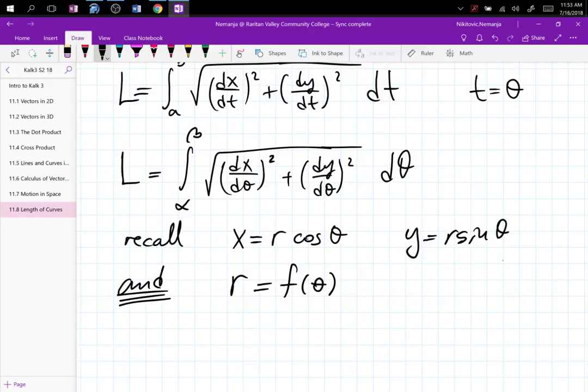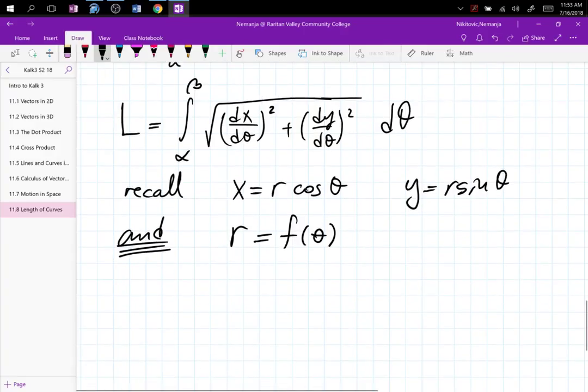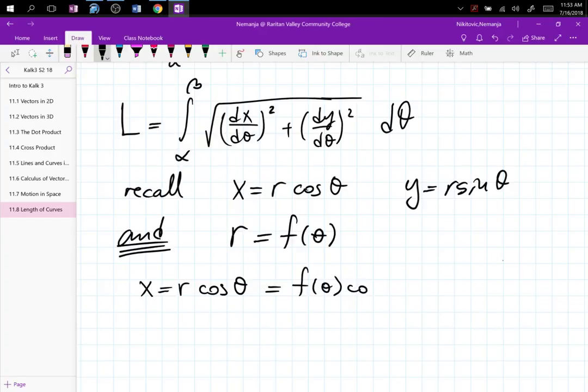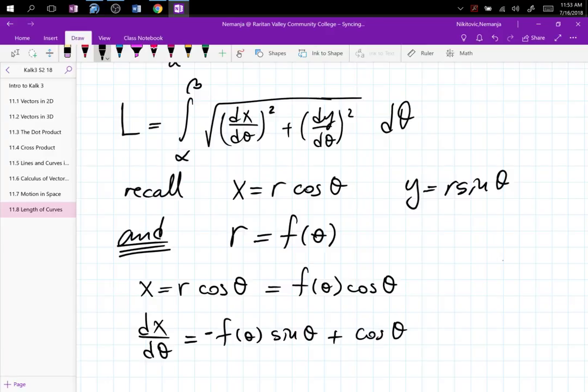Well, dx d theta, when I take the derivative, I have a product rule. So x equals r cosine theta is actually f of theta cosine theta. And when I'm looking for dx d theta, that's a product rule. So copy the first times derivative of the second. It's going to be a negative in front. Plus copy the second, cosine theta, times the derivative of the first, which is f prime of theta.